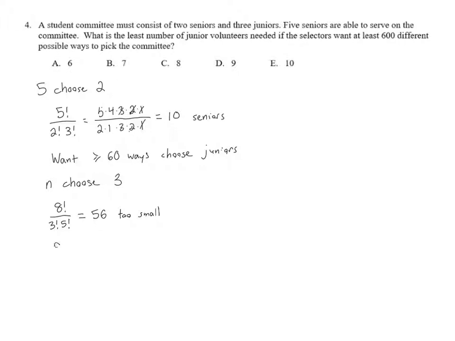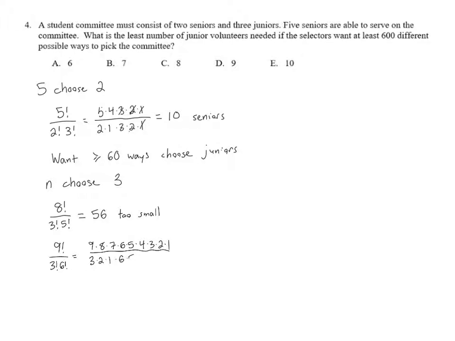If we try 9, 9 choose 3 is going to be 9 factorial over 3 factorial times 9 minus 3, which is 6 factorial. 9 factorial is 9 times 8 times 7 times 6 times 5 times 4 times 3 times 2 times 1. 3 factorial is 3 times 2 times 1.